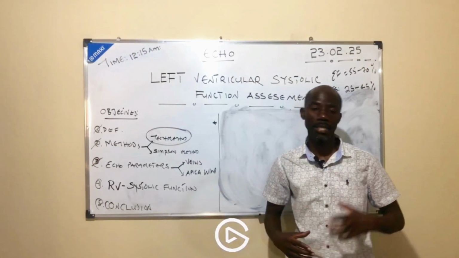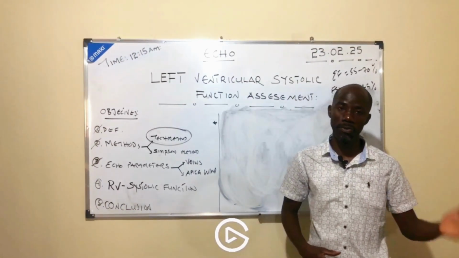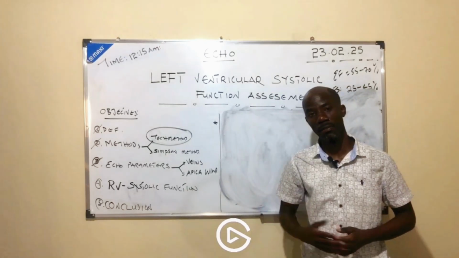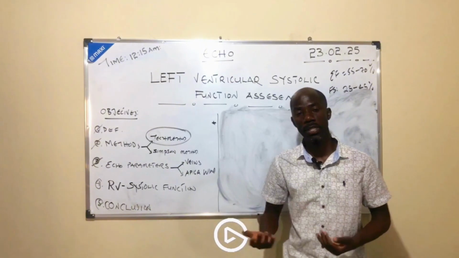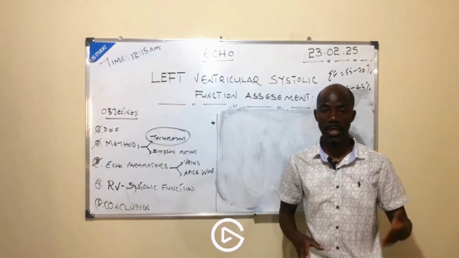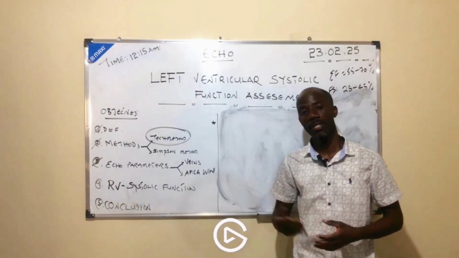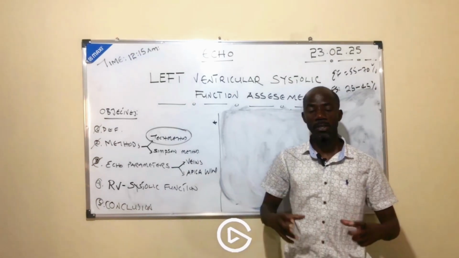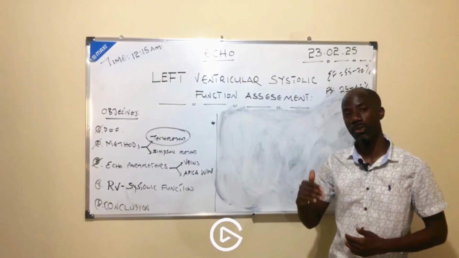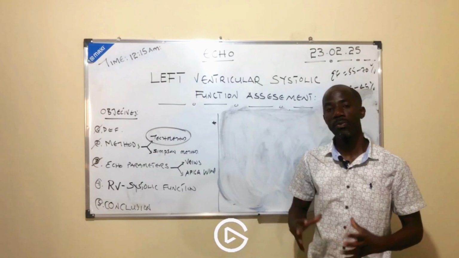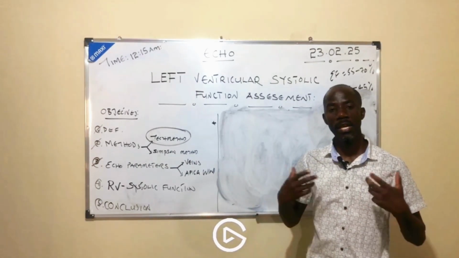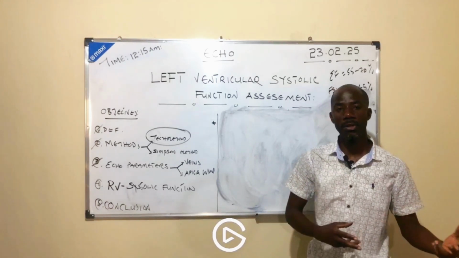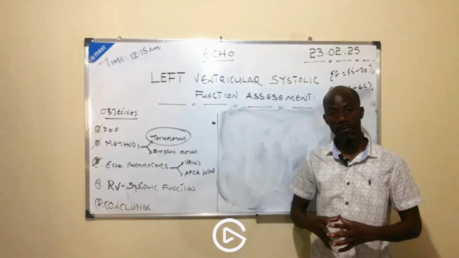This is very important. The normal parameters should range from 55 to around 75%. This is also very important to consider when you're using other guidelines, which can be around 50 to around 75%. After doing that, you also have to consider the Simpson method, which is another method where we use volumes to calculate the contractility and also the relaxation of the left ventricle.